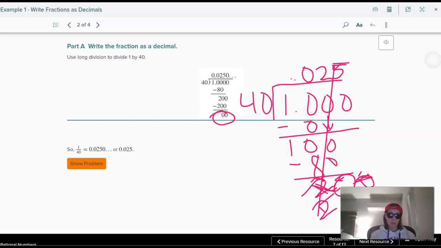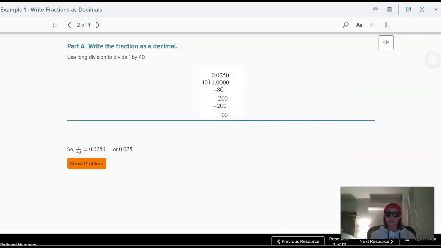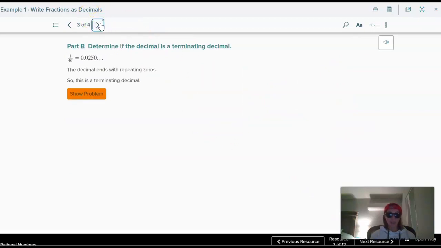Once you get the 0 that repeats, we can just cut it off here, and 1 over 40 is the same as 0.025. When the remainder is 0, it is going to be a terminating decimal. So it ends with repeating zeros, but really if you get a remainder of 0, you can stop there.